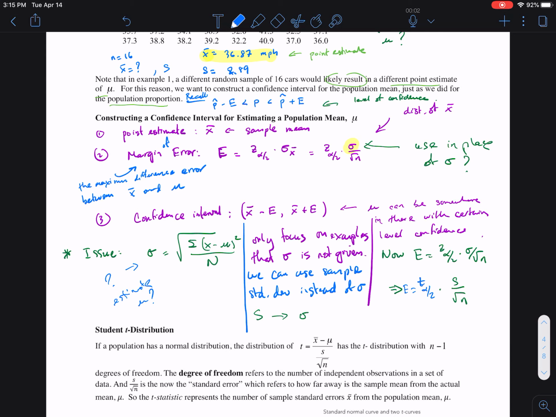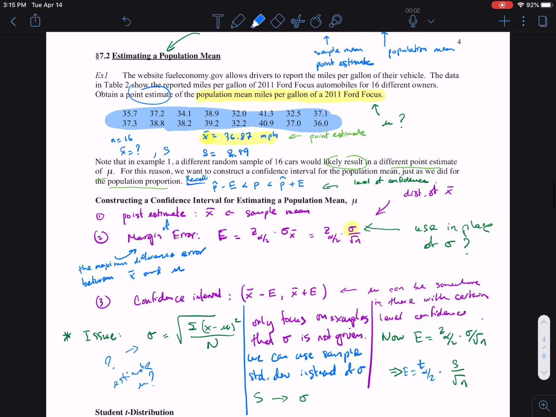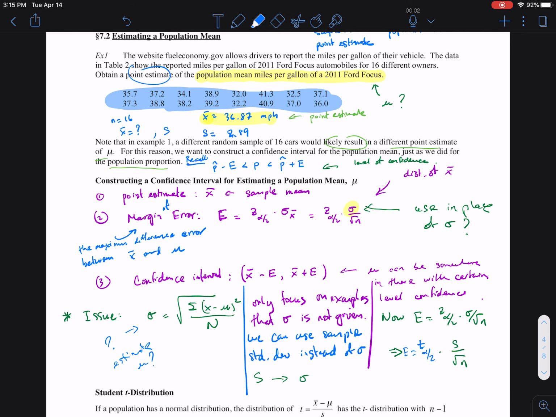If we have sample data with a certain size N, then each of those samples of the same size N would generate different sample means and different sample standard deviations, just as in this example here. If we generate another 16 different values, we'll get a different mean and a different standard deviation.